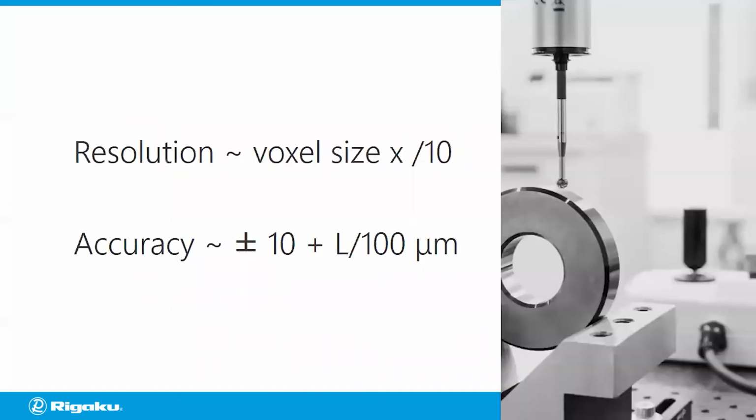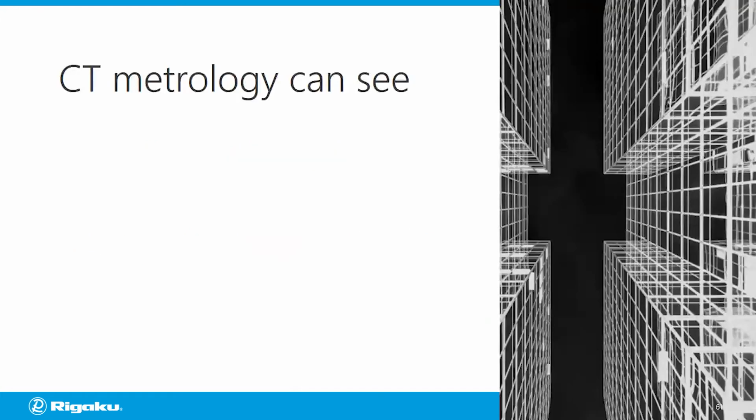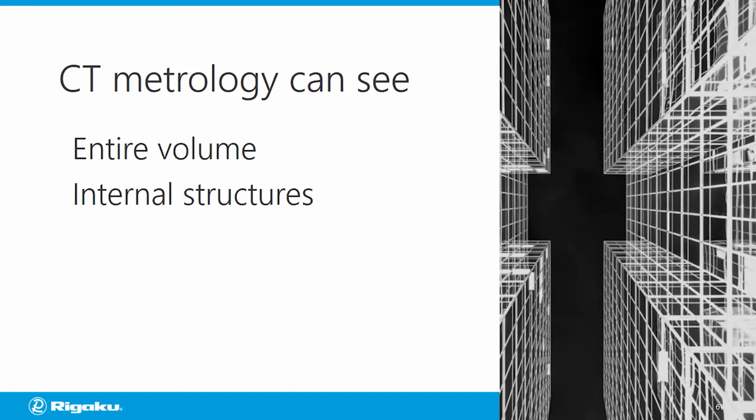Okay. So we just talked about the resolution and accuracy of this technique. Now, let me just summarize what we just talked about before we move on. The CT metrology can see the entire volume. This is the biggest advantage of this technique. And by doing an entire volume scan, you can see the internal structures, including voids and cracks.